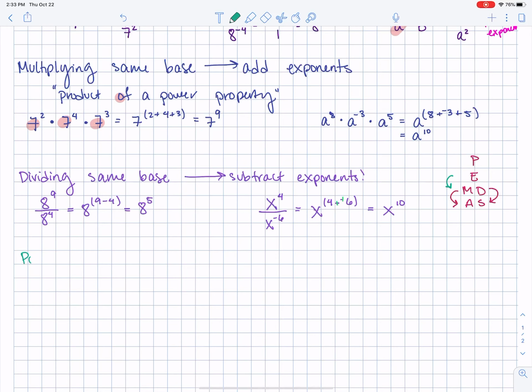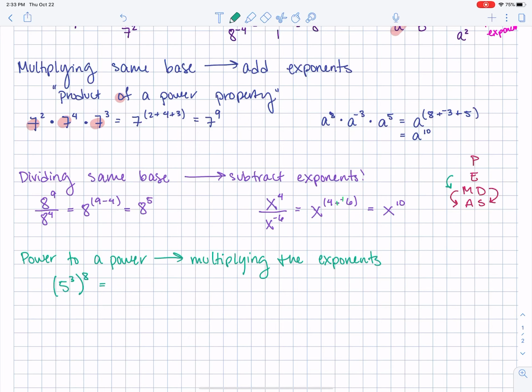So this is power to a power, and you end up multiplying the exponents. So for examples on this, we could have 5 to the power of 3 all to the power of 8.